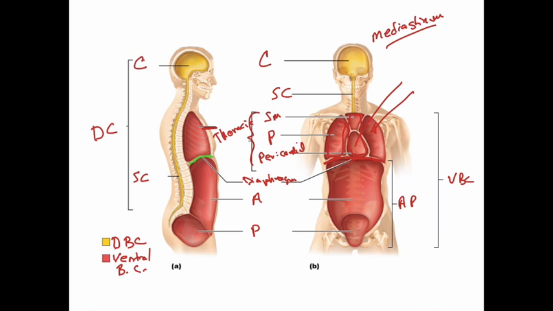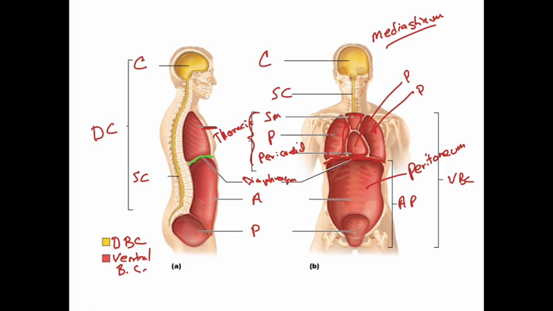The cavity that houses the heart would have pericardial membranes. And then the abdominal area is going to have what are called peritoneal membranes, or peritoneum. We'll talk more about these membranes because each of them, the pleural, pericardial, and peritoneal membranes, all have two different kinds of membranes, visceral and parietal, but we'll talk more about those as we get further along in the course.